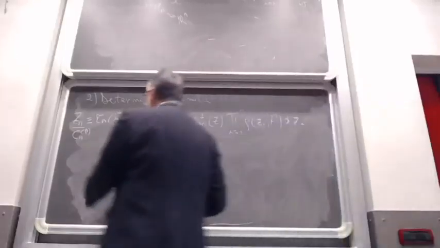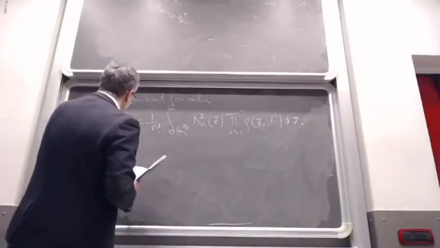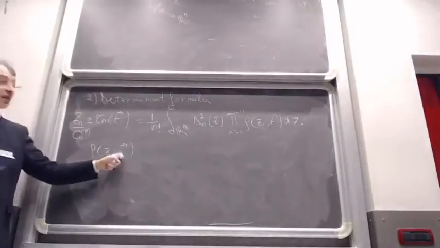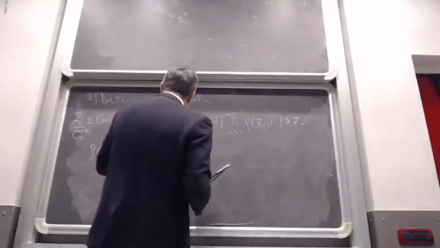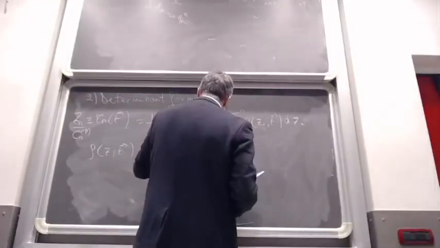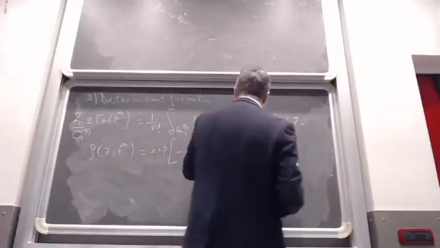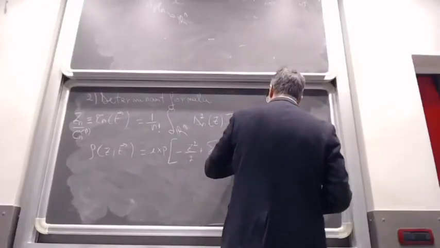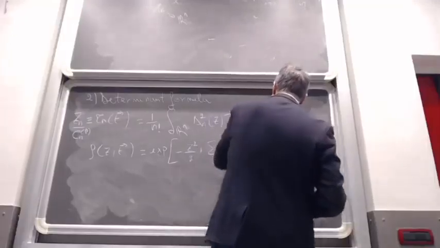Okay, so where rho is a function of the variable z, depending on the parameters t, given by the exponential of minus z squared divided by 2 plus the sum of t_k z^k, where k is larger or equal than 1.